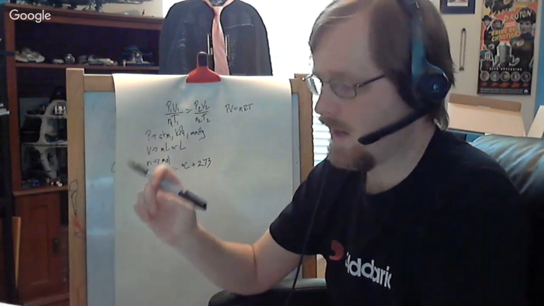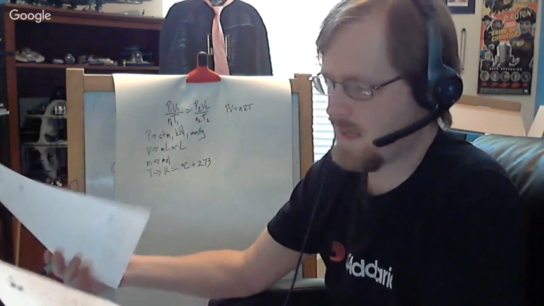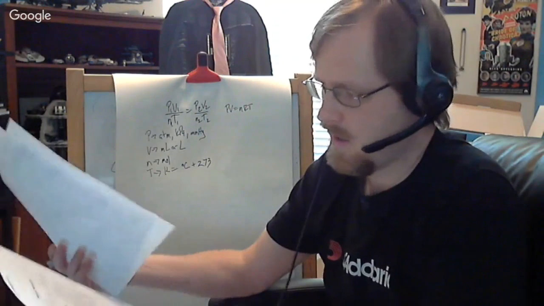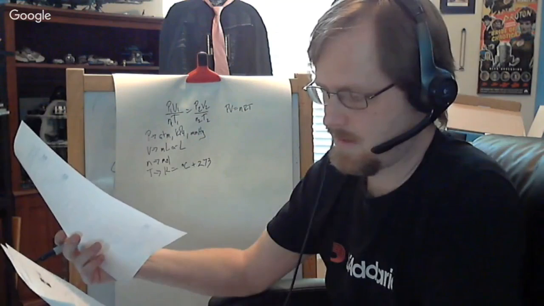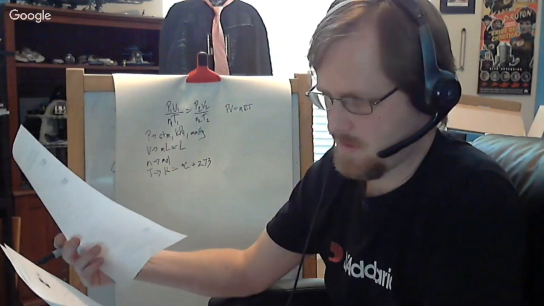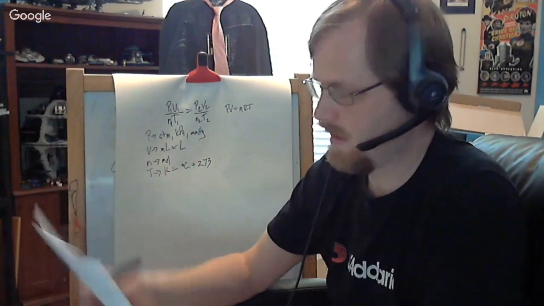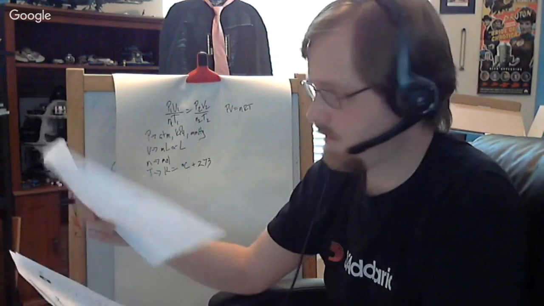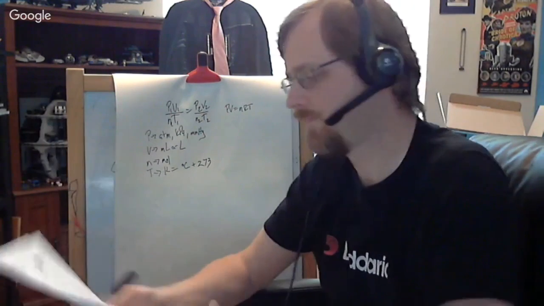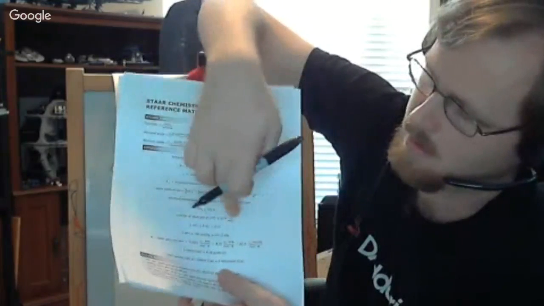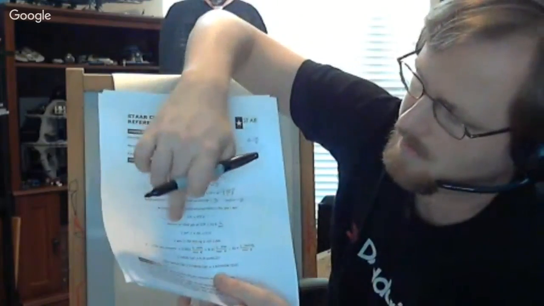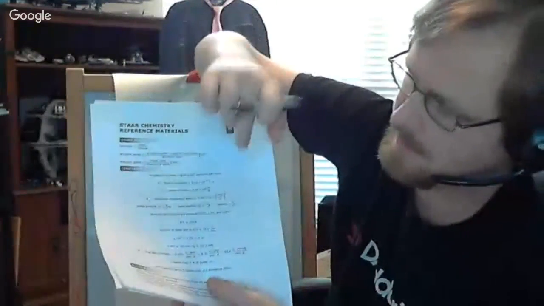Okay. The last little thing that we could possibly have with the gas laws is the gas stoichiometry stuff, and for that, it's right here on the chart. You've got the volume of an ideal gas at STP.